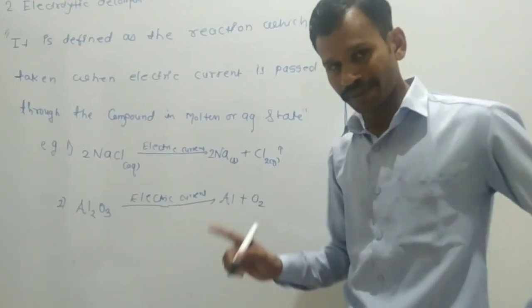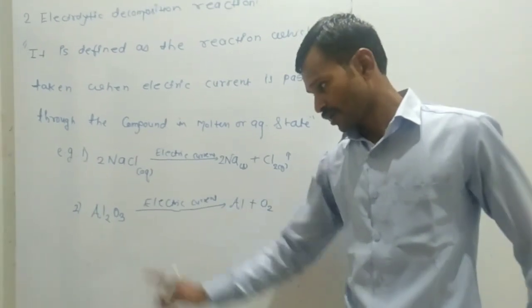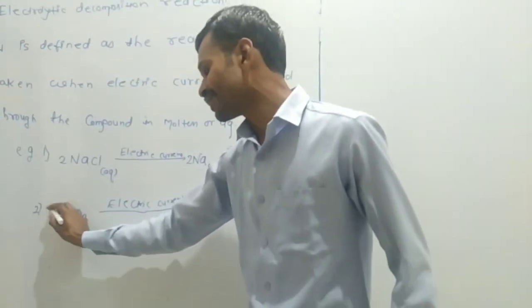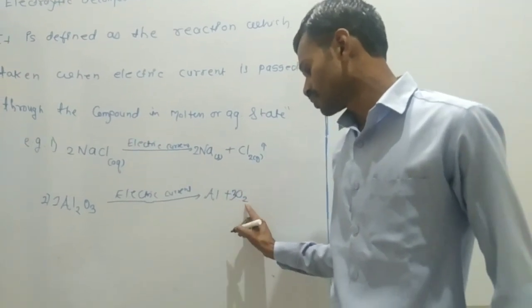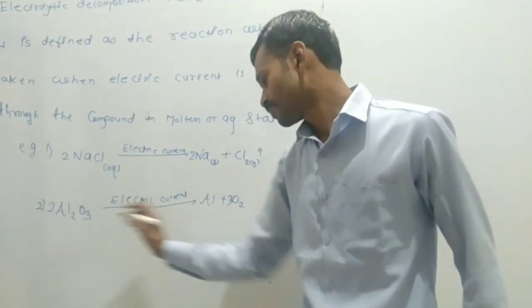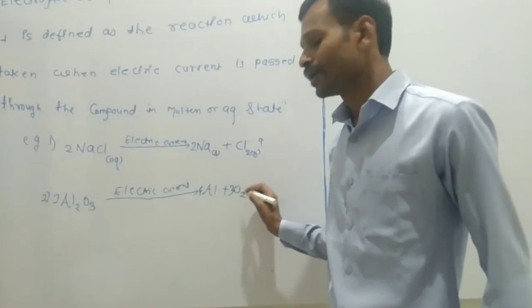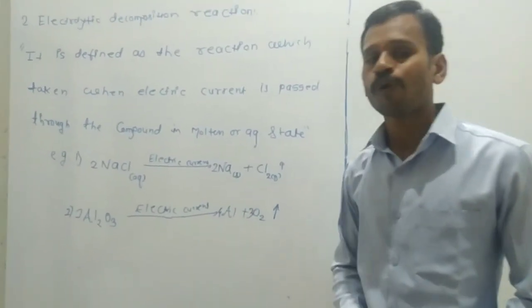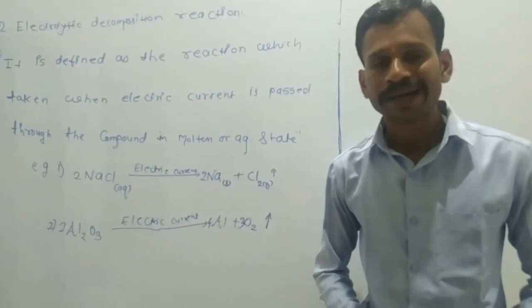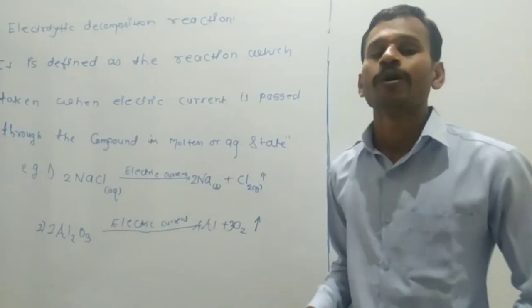For this we need to balance. O3 is there, so we take 2 Al2O3, giving 4 Al, and this oxygen gas, 3 O2, is released. One is the aluminium metal and the second is the oxygen gas.